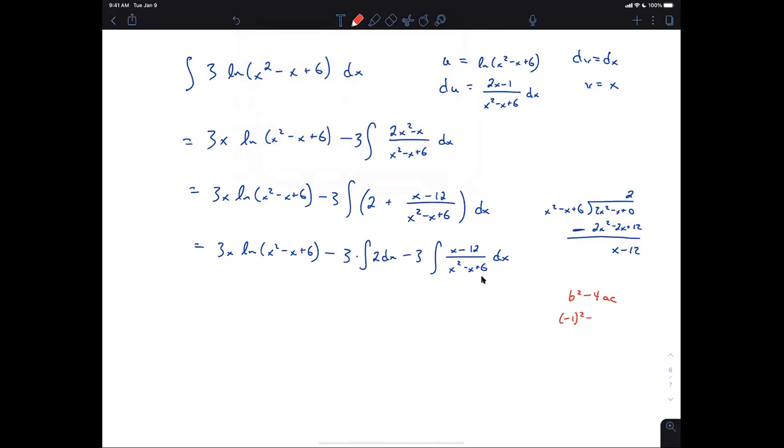So here that's negative 1 squared minus 4 times 1 times 6, which is negative 23. And so this is going to be a horrendous problem where you have to do log and inverse tangent and complete the square. I am going to not do that because of time, and because the test is tomorrow, if you're good with everything else, I would worry about this. And now that I say it, Ivana will put one on her test. I don't think she will, though, but I don't know.